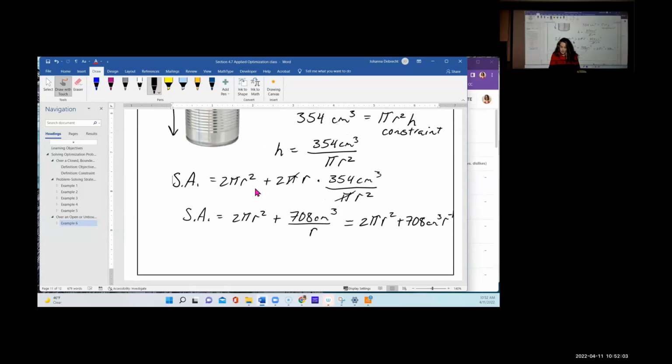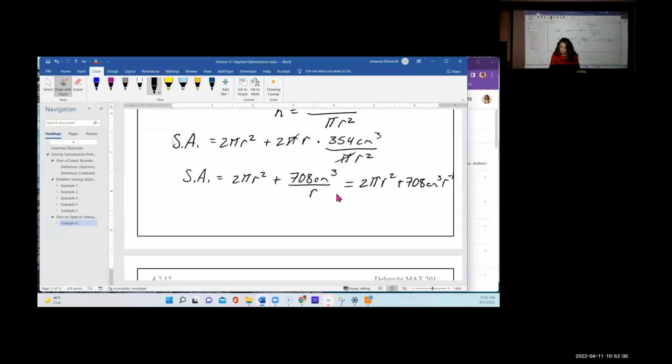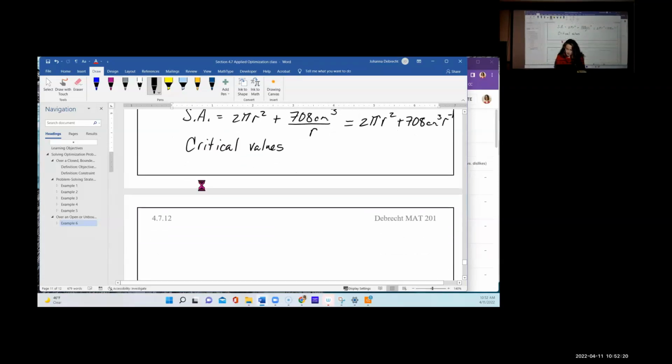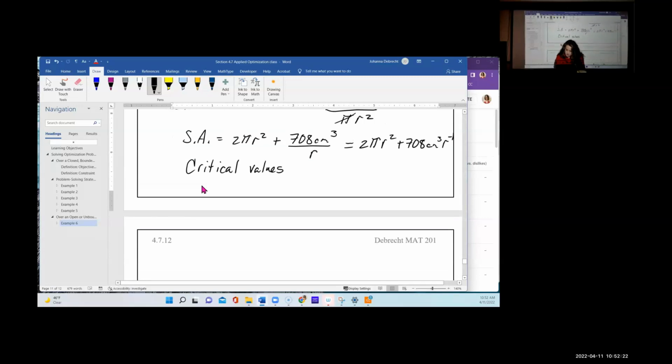So now that we have the surface area formula written all in terms of one variable r, we need to find the critical values. There are 2 ways of finding critical values, and this time it's possible we might get a type 2. So our critical values come from derivatives set equal to 0, so type 1, the derivative of the surface area with respect to r equal to 0.